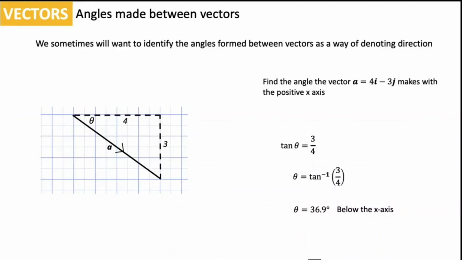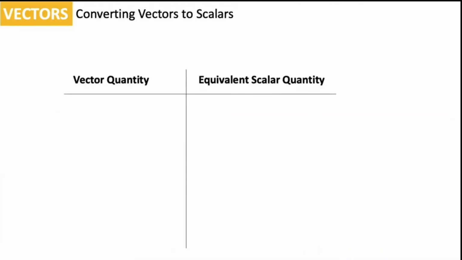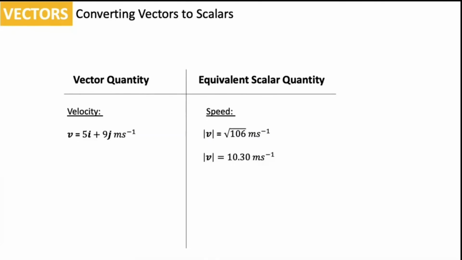Okay, so let's use that in mechanics now. We know that a vector quantity, such as velocity, has an equivalent scalar quantity. So, if I had a velocity that was 5i plus 9j, to turn it into a scalar, to find its magnitude, I would need to use Pythagoras. So the square root of 25 plus 81, that's the square root of 106.